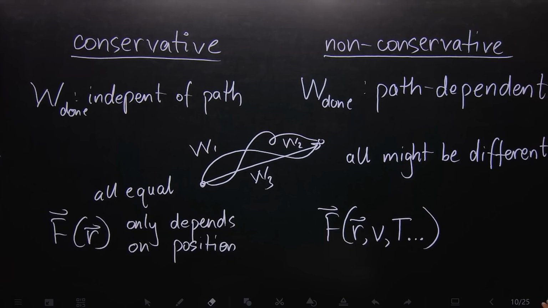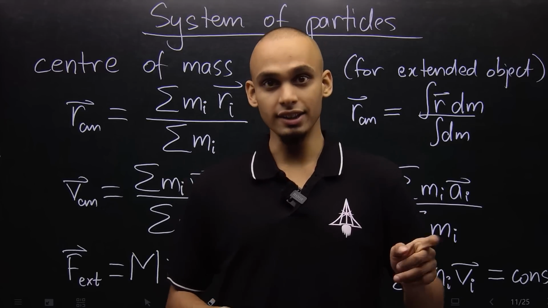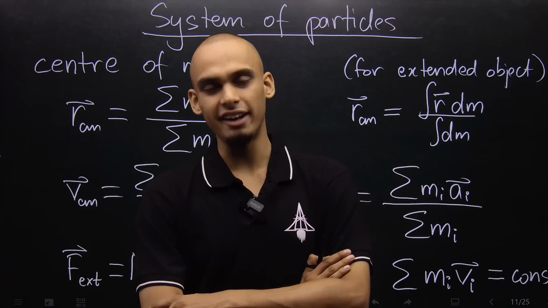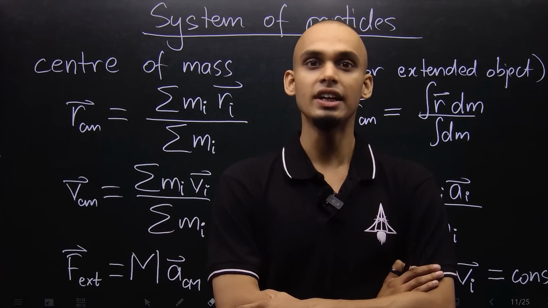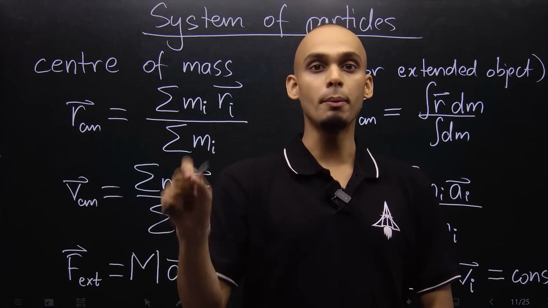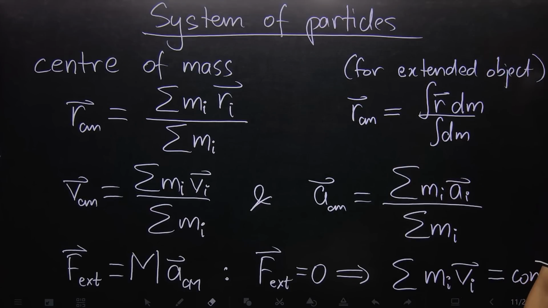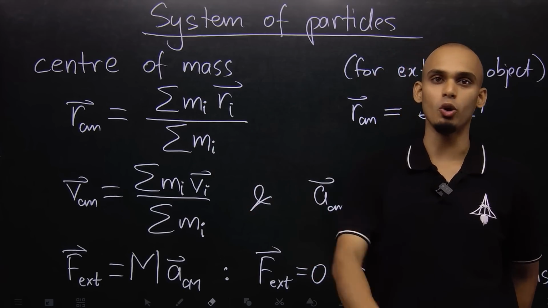Now, when we extend our theory to multiple objects, earlier we were considering only point masses to be our objects, but if we have many different point masses together, or if we have extended objects, then we can assume that all the mass in our system is concentrated only on one point defined as the center of mass, which is basically the weighted average of all the positions of individual objects.